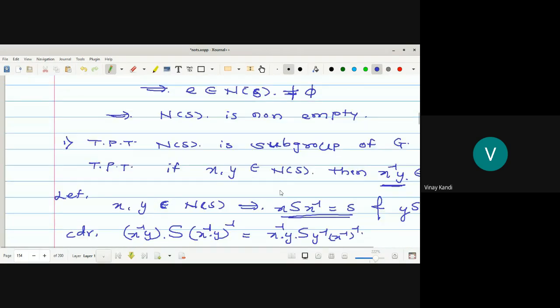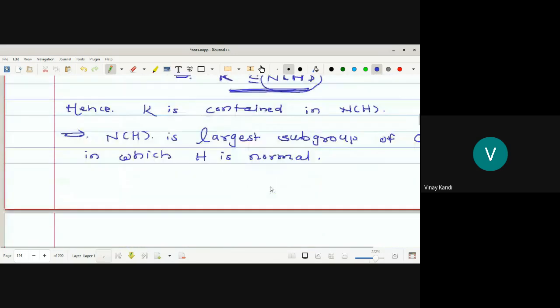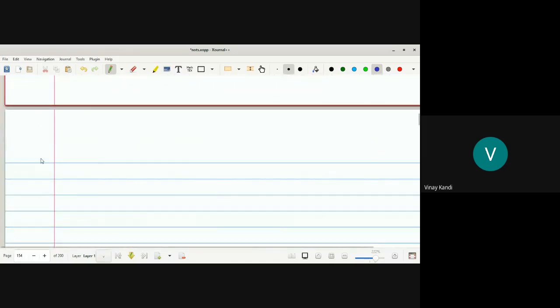Write down first, the third one, given that K is a subgroup of the normalizer of H, and we have to prove that H is normal in KH.